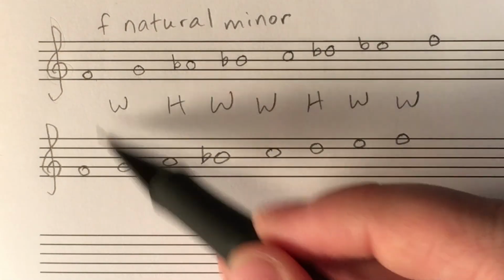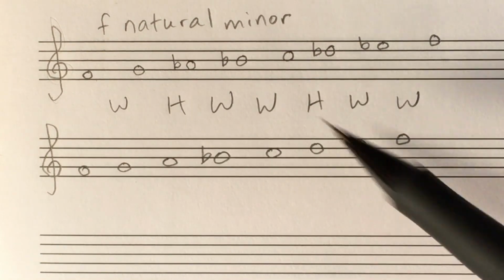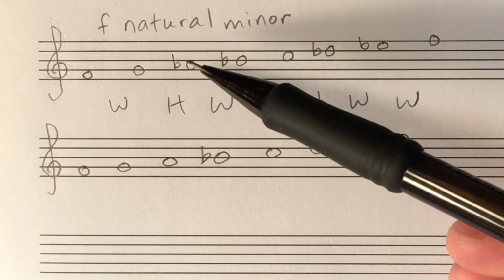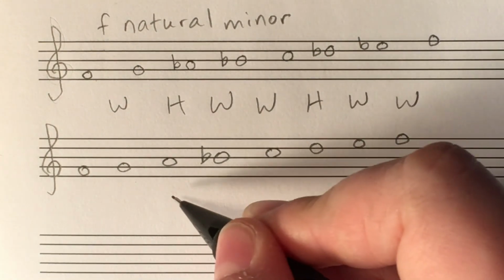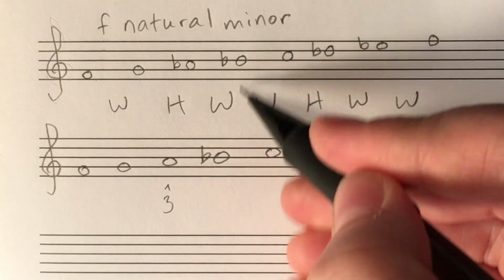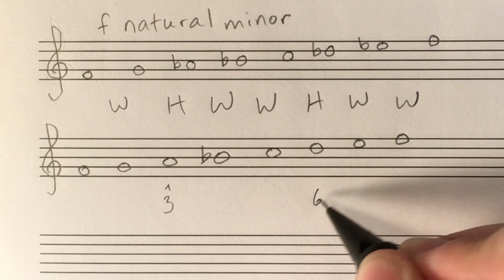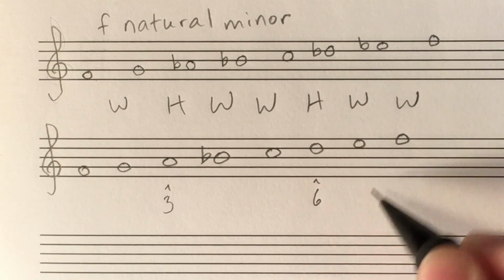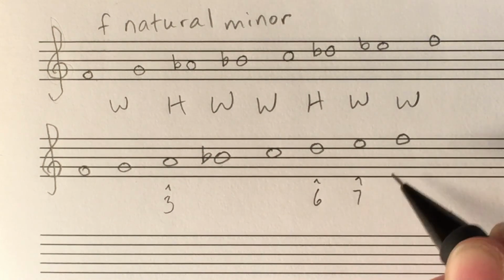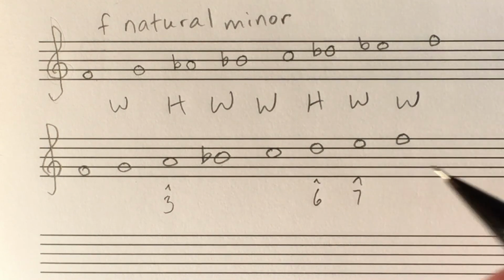And if you notice the difference between these two scales, the F major scale and the F natural minor scale, we have a lowered third scale step. Fourth is fine, it is the same. Fifth is the same. Sixth is lowered, and the 7th is lowered. So when it comes to making a major scale natural minor, you just lower the 3rd, 6th, and 7th scale steps a half step.